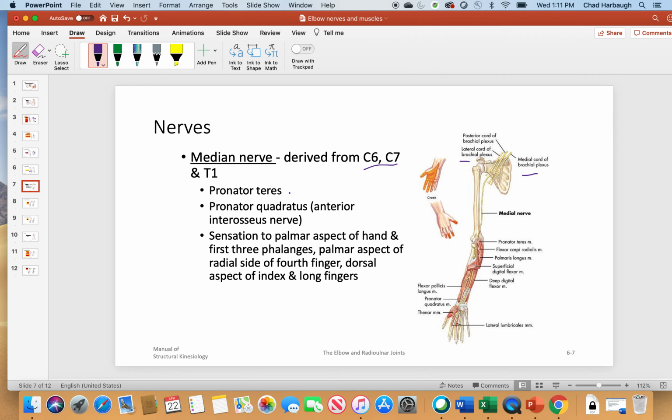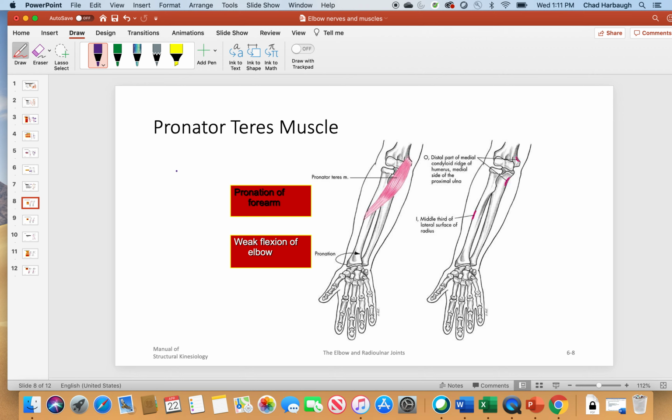So some of the muscles that we're going to talk about are going to be the pronator teres, and we're also going to talk about pronator quadratus. So the first one is going to be the pronator teres. Again, when we're talking about pronation or supination, the origin is always going to land on a fixed portion.